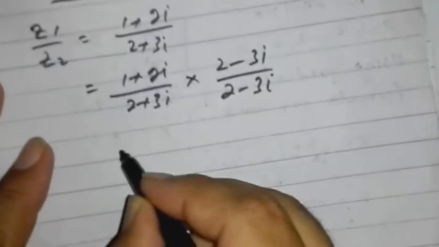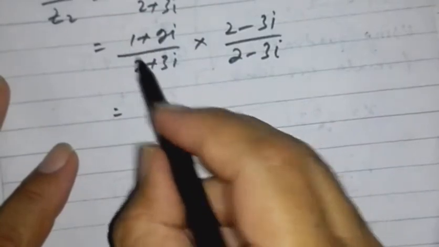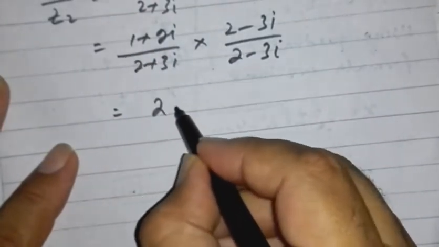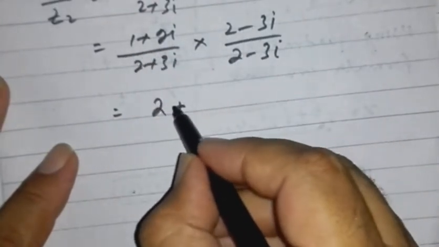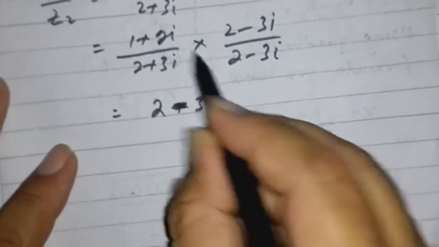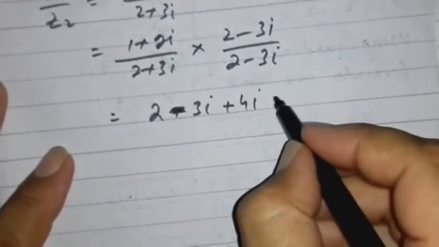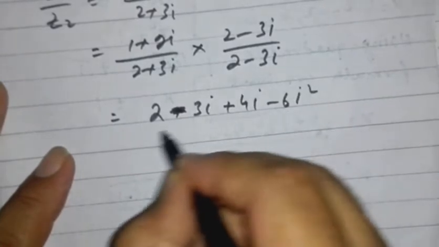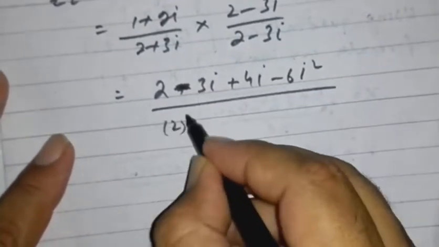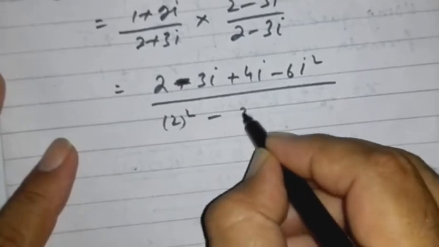Now look, 1 into 2 we get 2, 1 into 3 we get minus 3 iota, 2 into 2 we get plus 4 iota, and 2 into 3 we get minus 6 iota square, divided by 2 square minus 3 iota square.